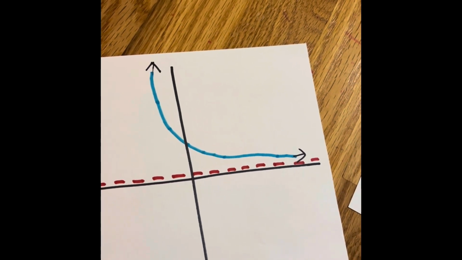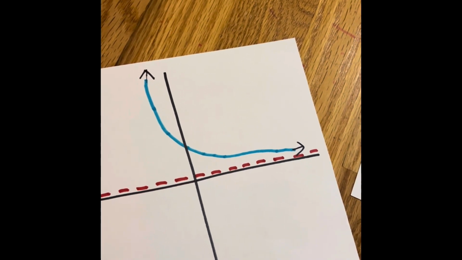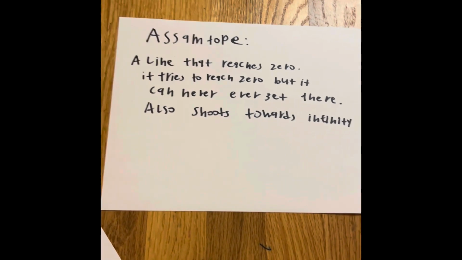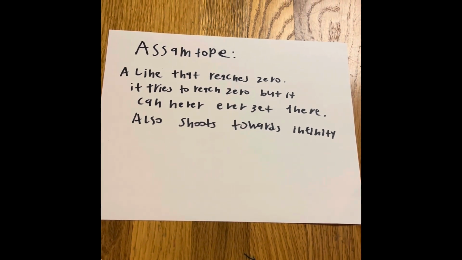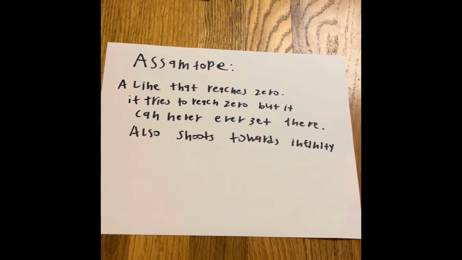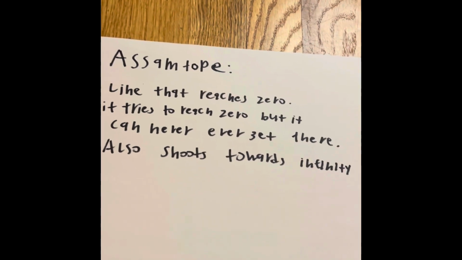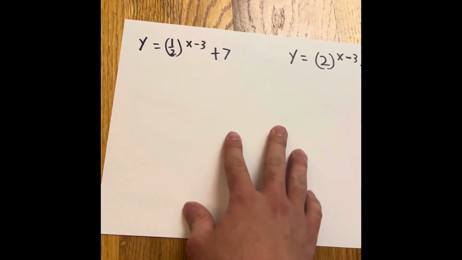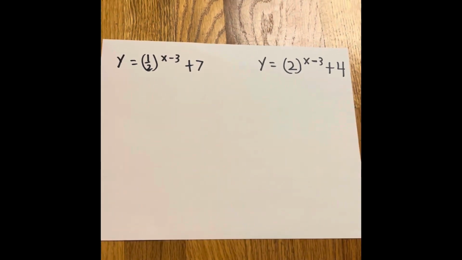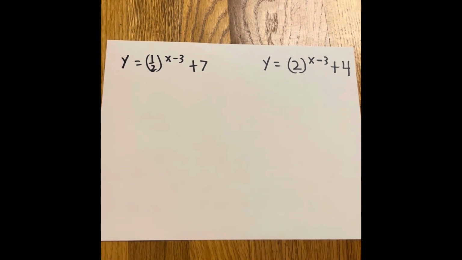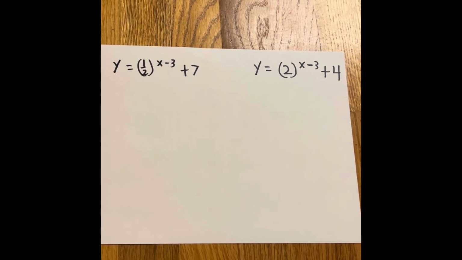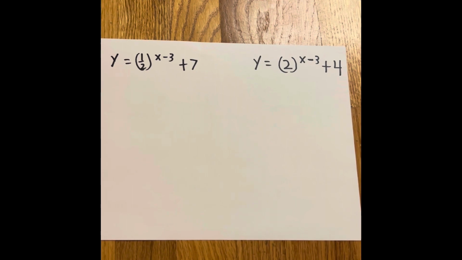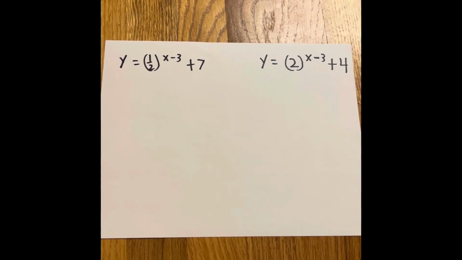So now we know all the definitions and the fundamentals for exponential equations. What we can do now is practice with them. Right here, we have to understand the growth, decay, the movements, and what the asymptotes are.